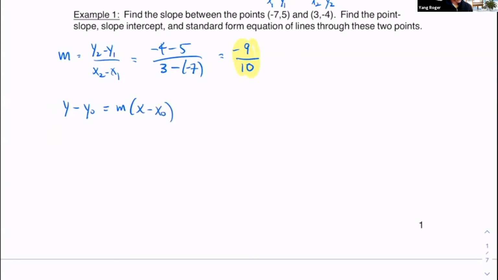For your x0, y0, we got to pick one of these two points. I don't care which one. Maybe I'll just choose this one, the 3, -4. So then we're going to have y minus -4 is equal to -9/10 x minus 3. And this is the point slope form.